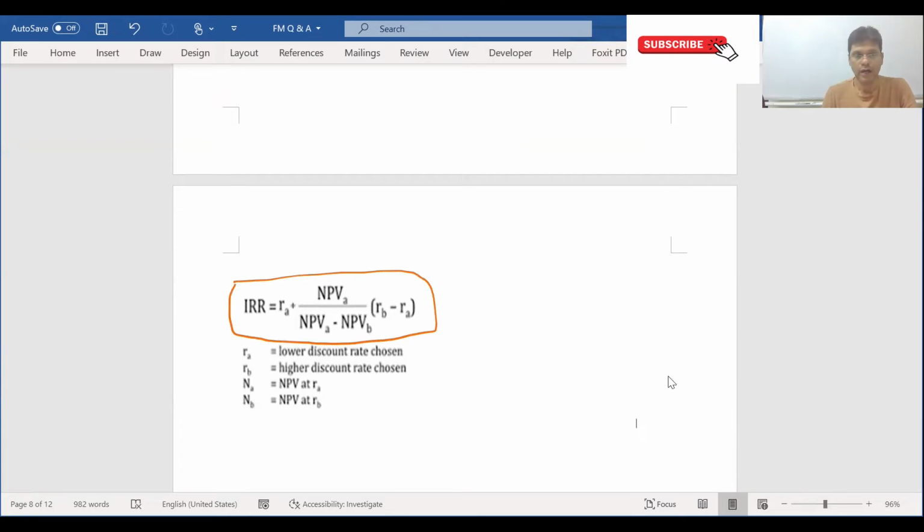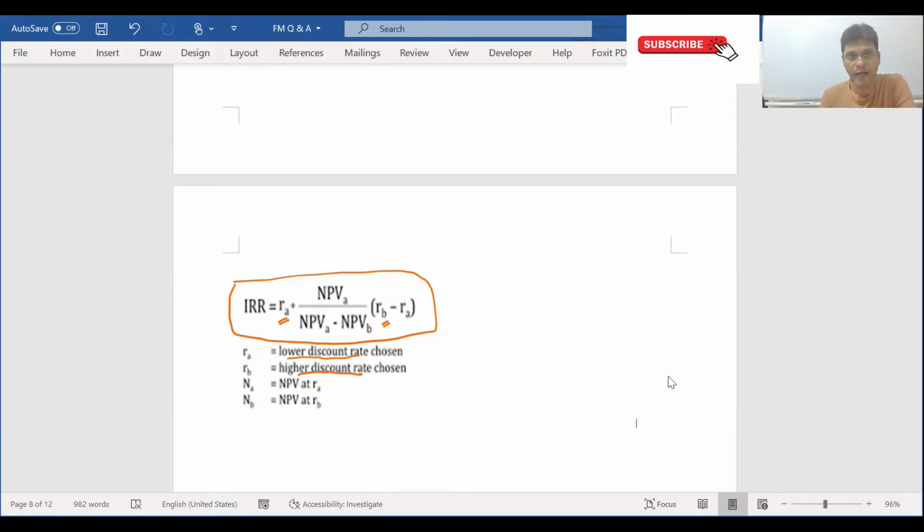So what does RA mean? RA means the lower discount rate. Then RB, what does it mean? RB means the higher discount rate.